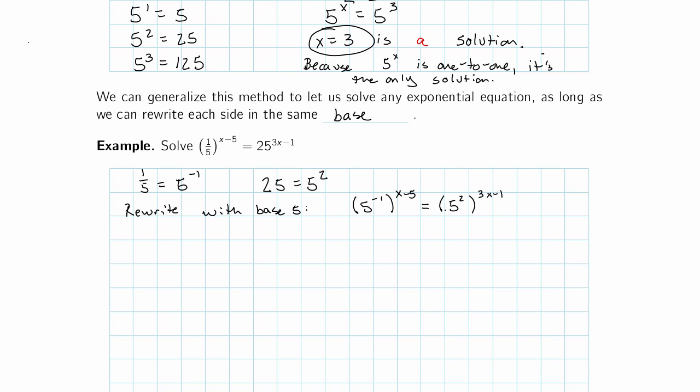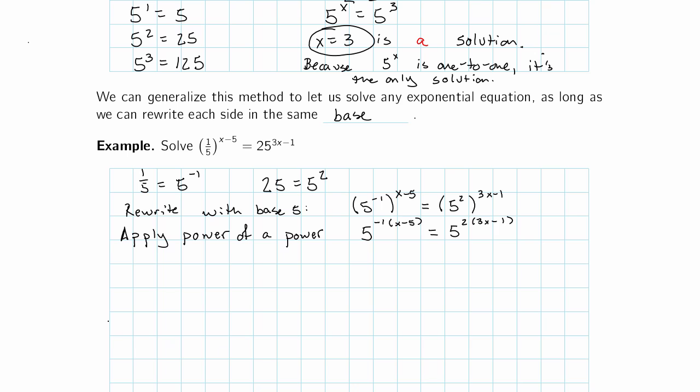And to do that, I'm going to use the power of a power rule, right? When we take a power of a power, we multiply the exponents. So on the left, we have 5 to the power negative 1 times x minus 5. On the right, we have 5 to the power 2 times 3x minus 1.